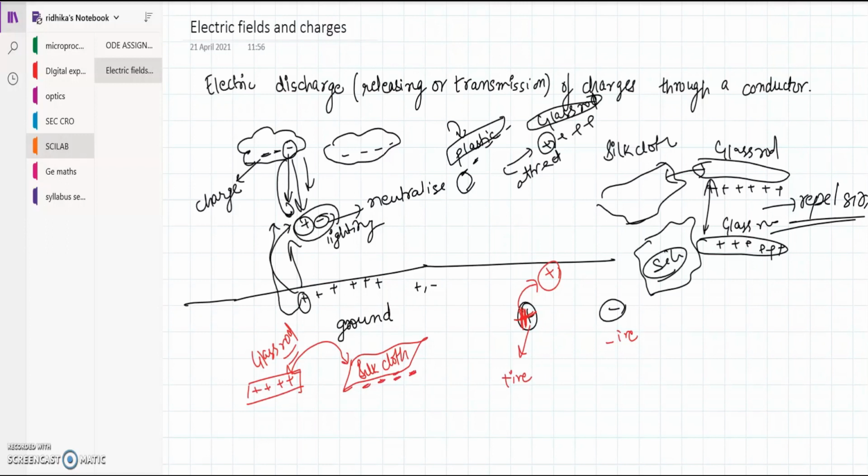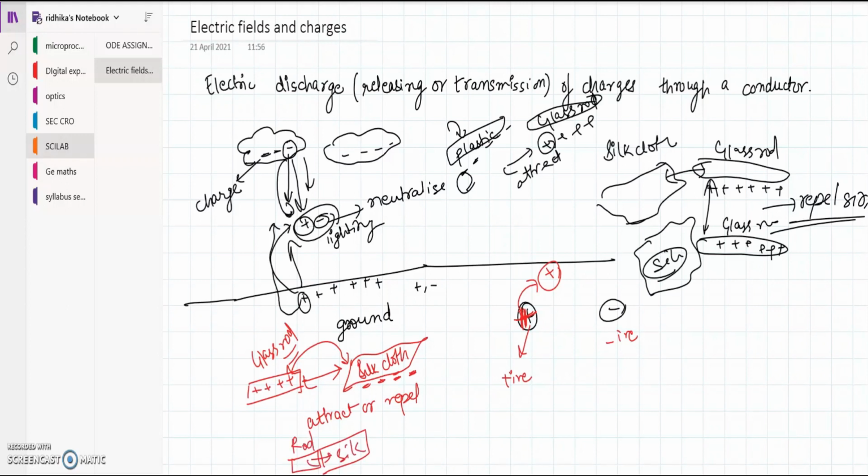And now we are talking about both having acquired some charges, and you bring both the things in contact. We will see that they will neither attract nor repel each other. I'm taking the case when they're touched, when they're brought in contact with each other, the silk cloth and the rod.